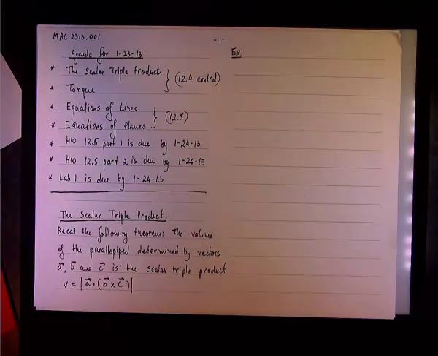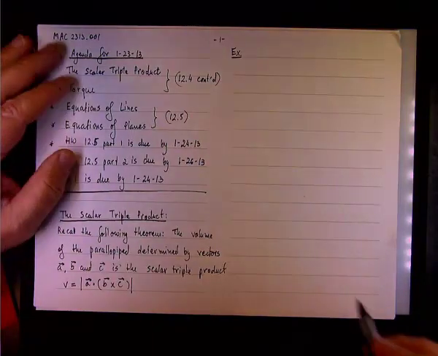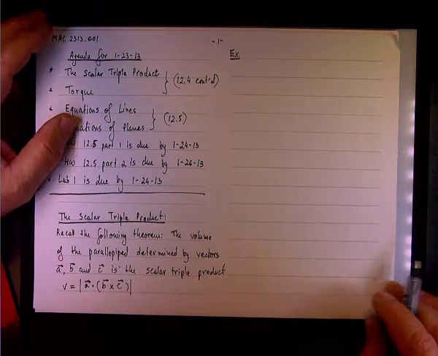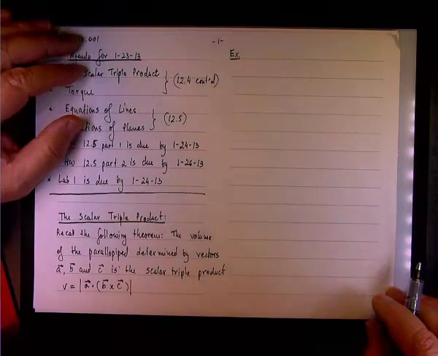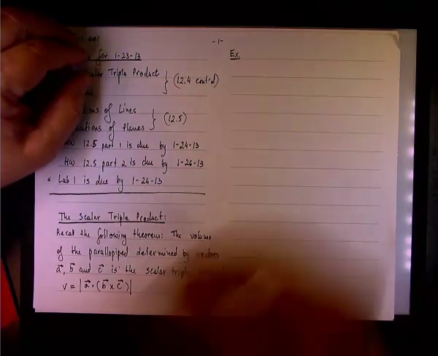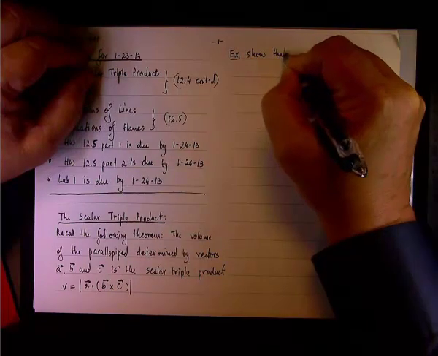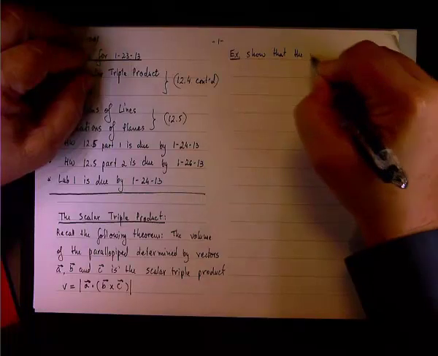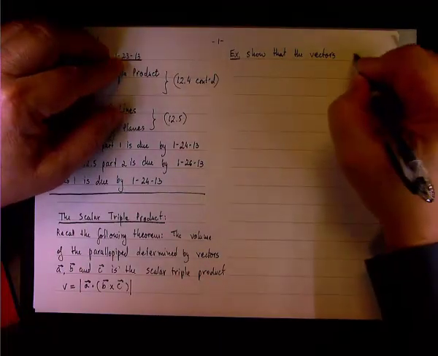So here's the example that I chose not to do last time. Show that the following vectors, and we have the following vectors.